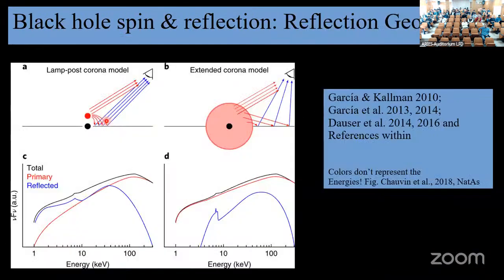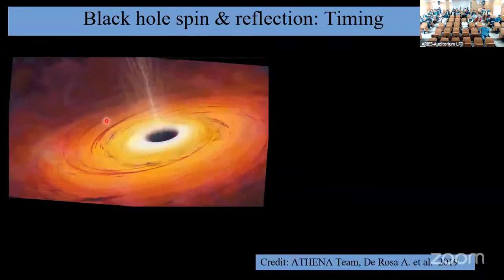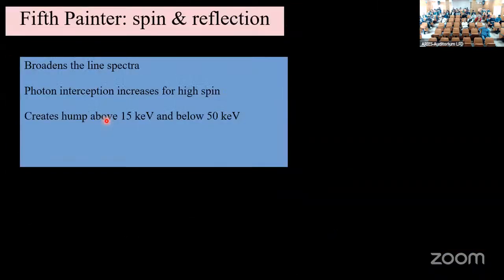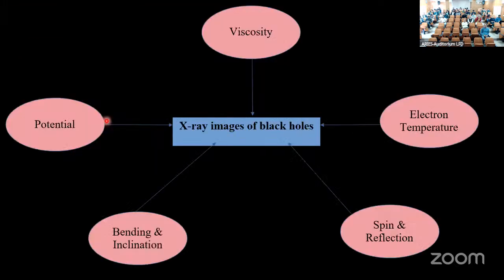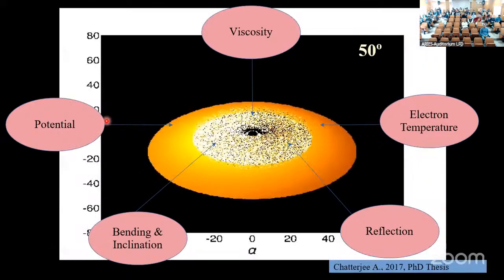Again, what we have currently is reflection and stuff like that. So our fifth parameter is spin and reflection. Essentially, if you need to paint an image of a black hole, you need potential, viscosity, electron temperature, spin, reflection, and bending with inclination. If you put all of them together without the spin, you get this kind of image.